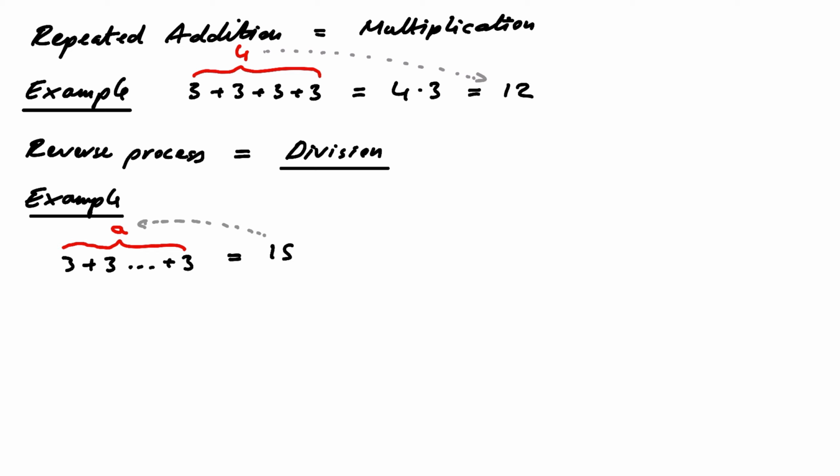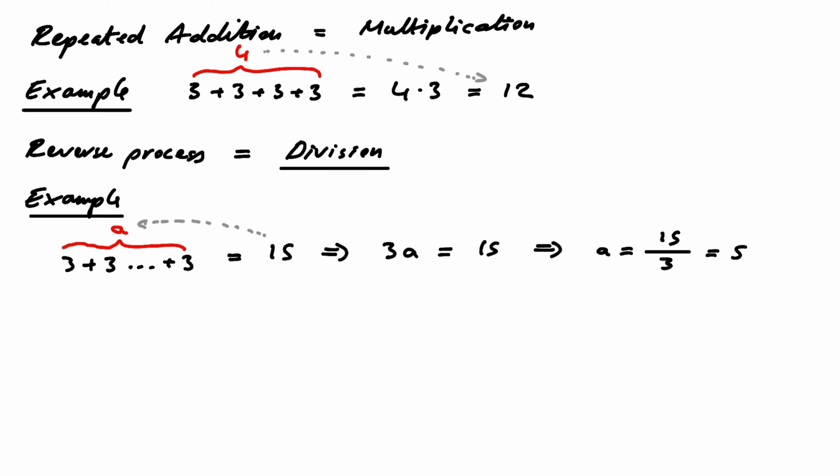How do I go from 15 to a? As I've just described, it's got to be division. Let's carefully check that. This implies that 3 times a, or a times 3, it doesn't matter how you write it, is equal to 15. Then one of my basic laws of algebra says this implies that a is equal to 15 divided by 3, which is of course equal to 5.